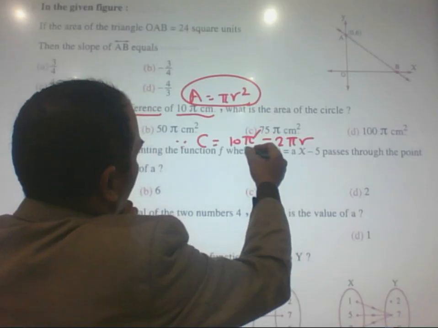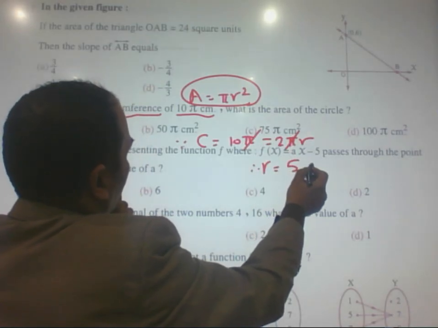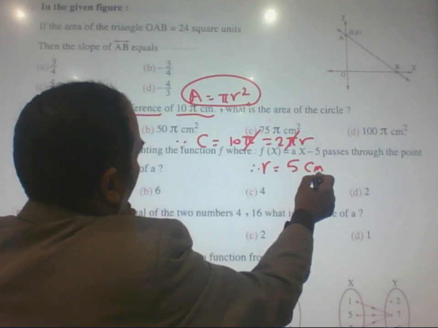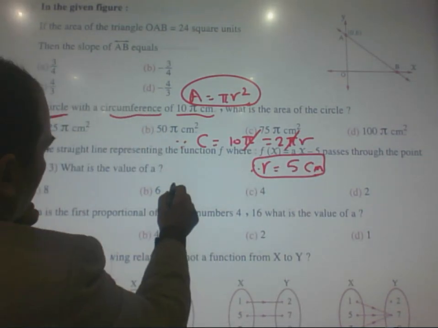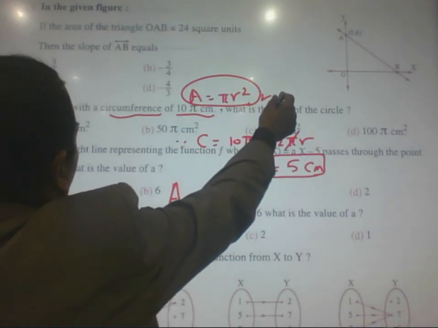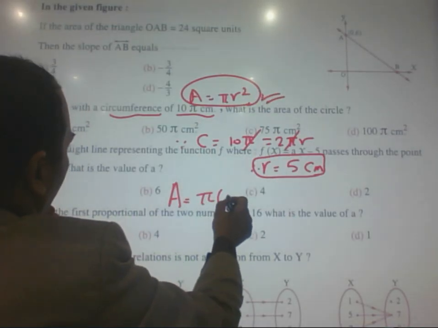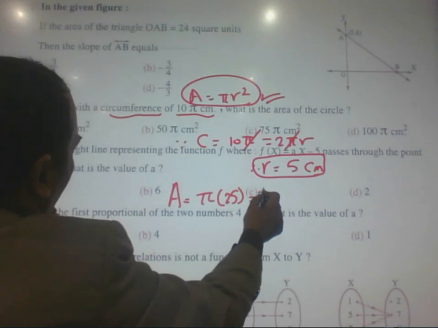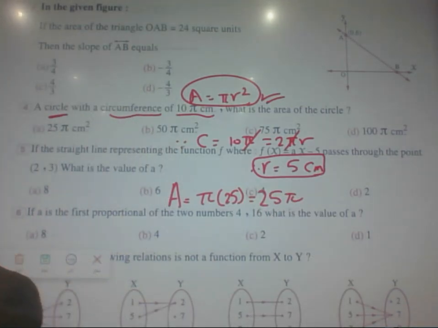You can simplify by dividing by pi, then the radius will be 10 divided by 2 equals 5 centimeters. Then what is the area? The area equals pi r squared, pi times the radius squared, 5 squared is 25. And the result will be 25 pi square centimeters. Choose letter A.